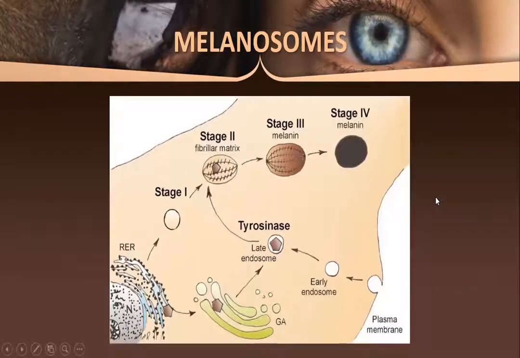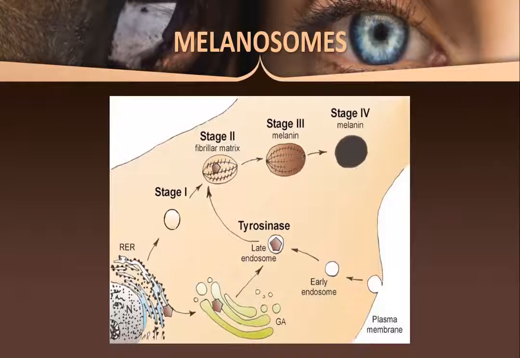This is the maturation process of melanosomes: how melanosomes form, and how and where they mature. I have told you that melanosomes exist in keratinocytes as well as in melanocytes.